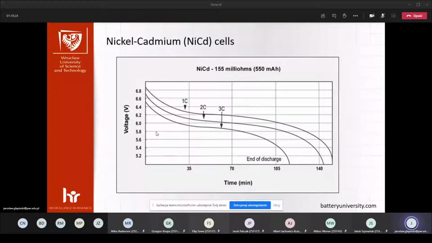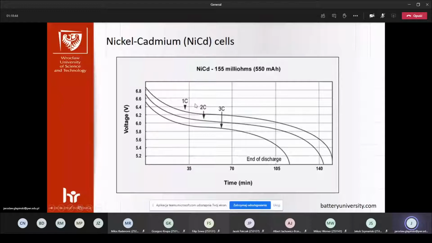Okay, this is the chart of how the nickel cadmium accumulator behaves over time with a current of 1C, because 1C means one capacity.